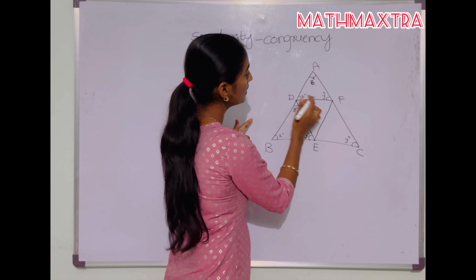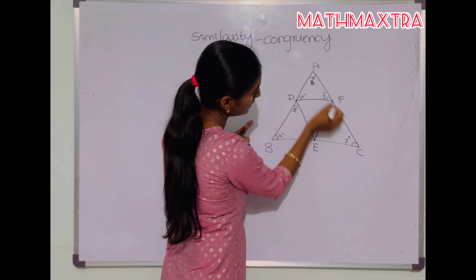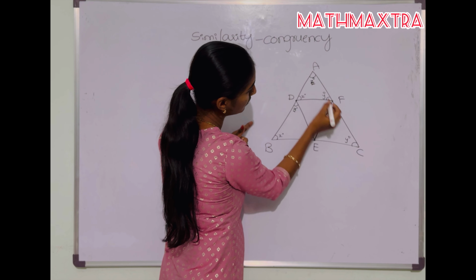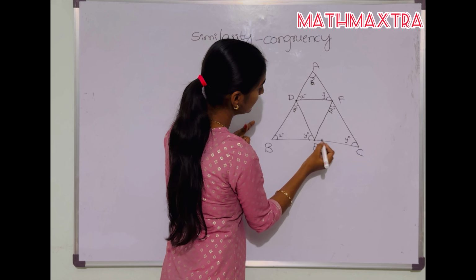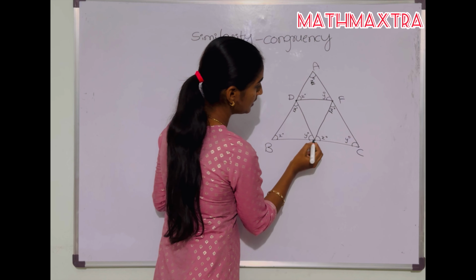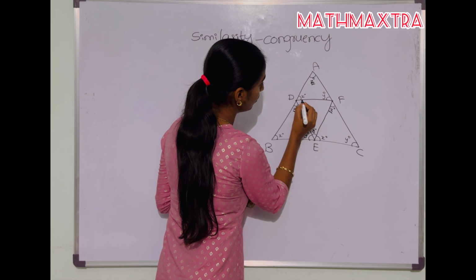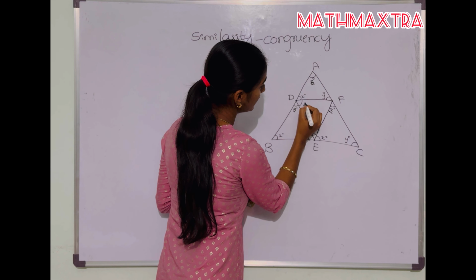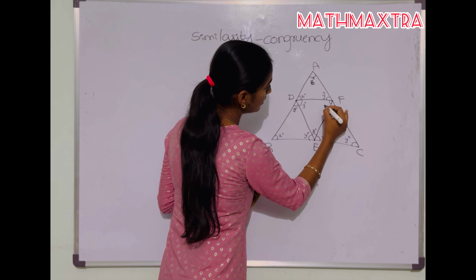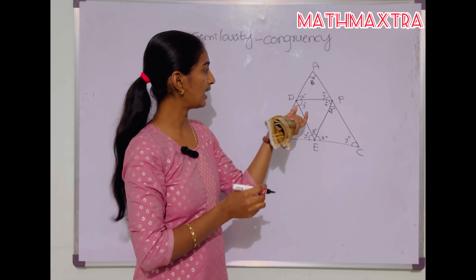In the same way, this is a corresponding angle z degrees and this is a corresponding angle x degrees. What is left here is z degrees, y degrees, and x degrees. So you observe each triangle.